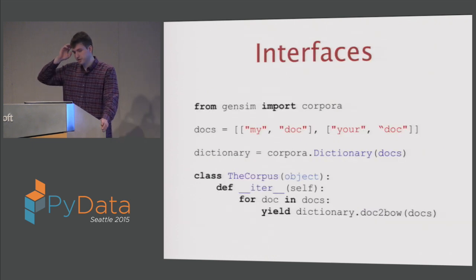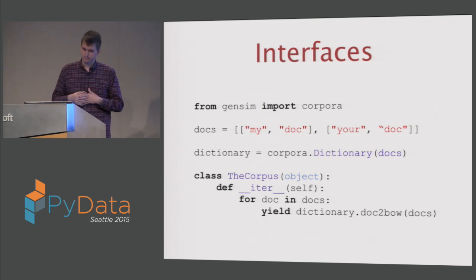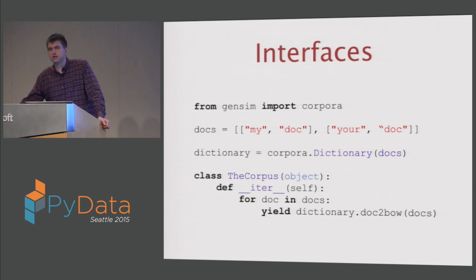So some of the interfaces then. Gensim has a couple of objects that are specifically designed for dealing with text. There's a dictionary, which is exactly what it sounds like. It contains the underlying vocabulary of the corpus you're working with.